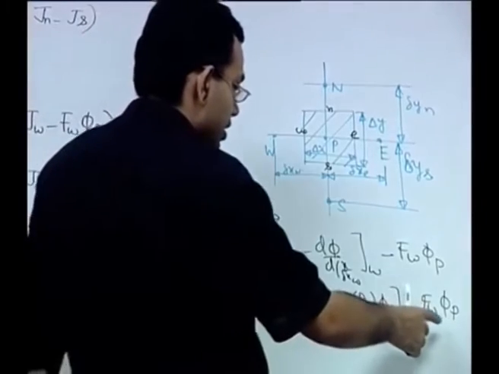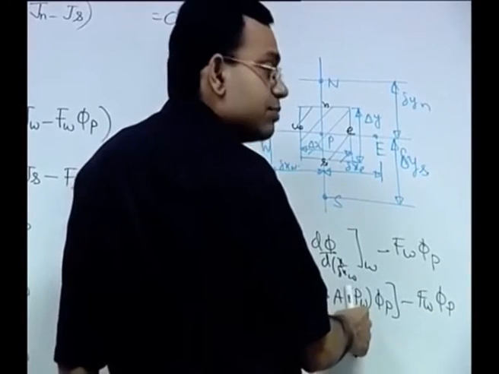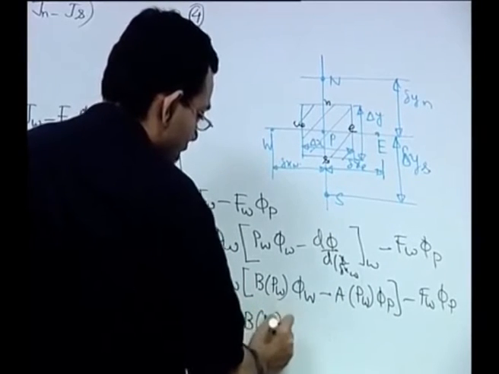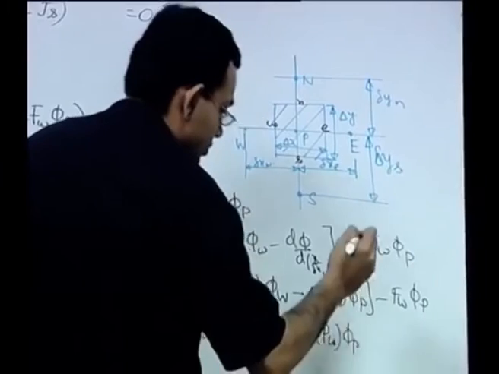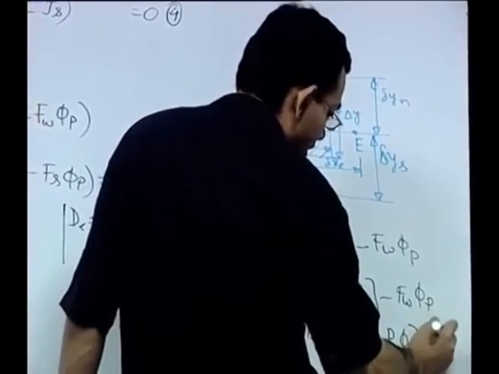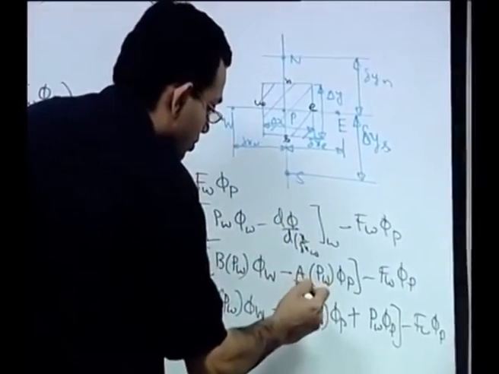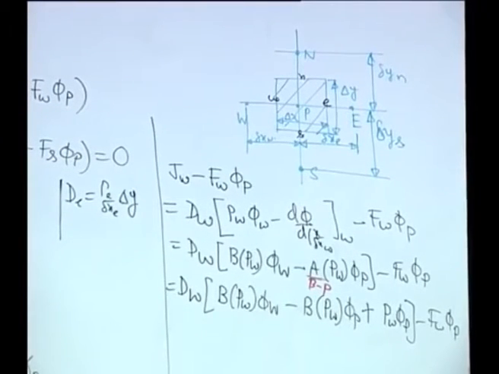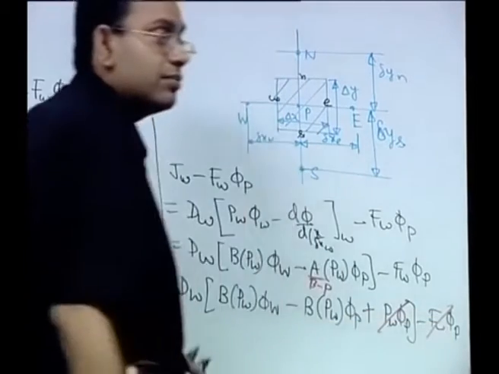Now, you have to eliminate the Fw phi p here. So, instead of this A you can write this as B minus P. So, dW B Pw phi w minus B Pw phi p plus Pw phi p minus Fw phi p, where we have written this A as B minus P. Now, dW into Pw is Fw, so the Fw into phi p term gets cancelled out.